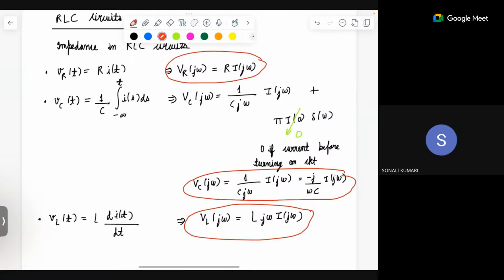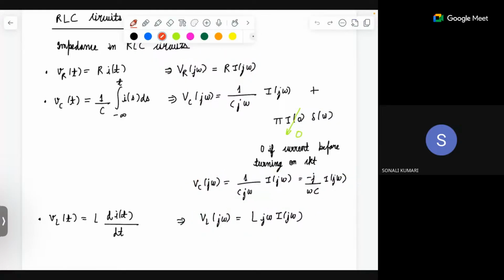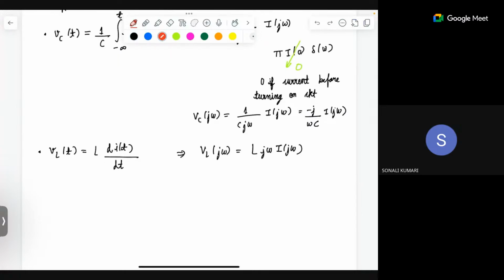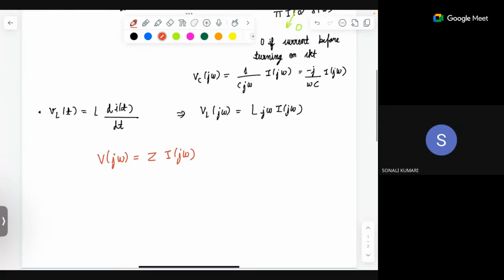Now, if we look at the resistor one, the capacitor one, the inductor one, we see that the voltage is some impedance Z times the current. So V(jω) is Z times I(jω). Z is the impedance.